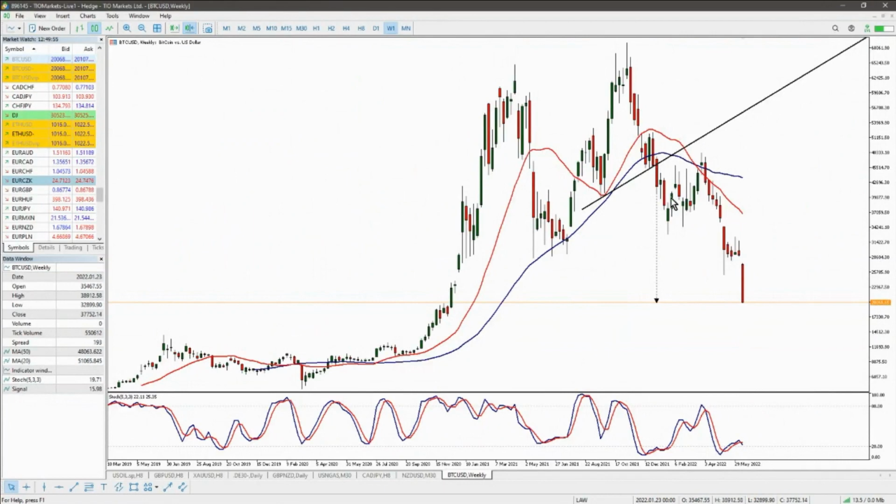So the market sometimes quite amazingly follows these formations and the kind of indications that they give. Here the market moved all the way down the same distance.